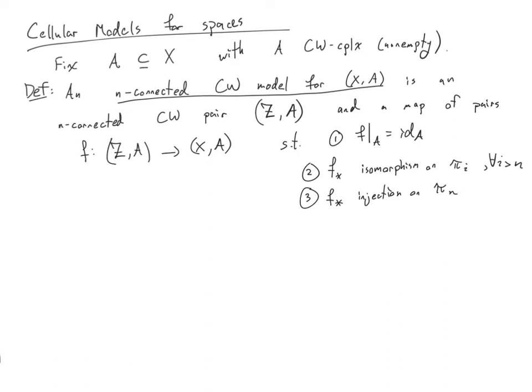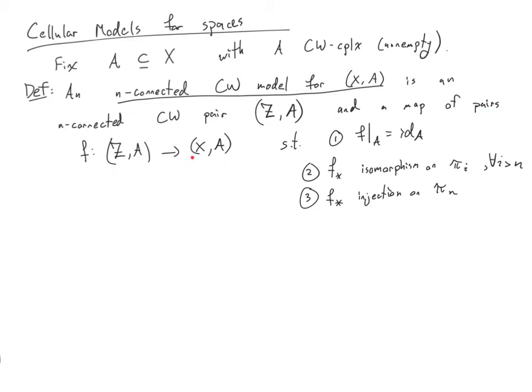So the definition is that an n-connected CW model for (X, A) is an n-connected CW pair, which we'll unpack in a second in case you've forgotten, (Z, A), and a map of pairs (Z, A) to (X, A).